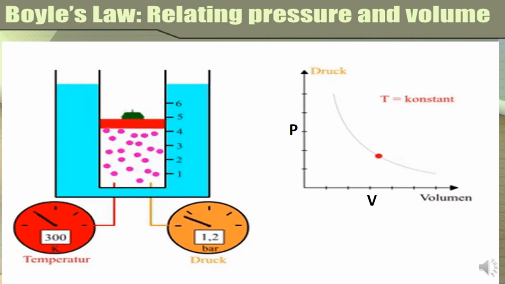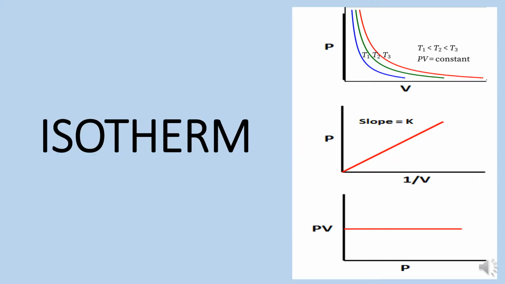Let us see the graph obtained when we plot a curve between pressure and volume for a particular gas at constant temperature. As the temperature remains constant, the plot of pressure and volume for a gas is also called an isotherm.